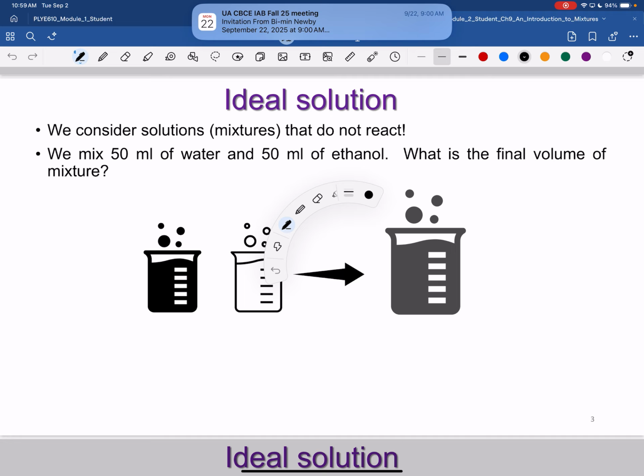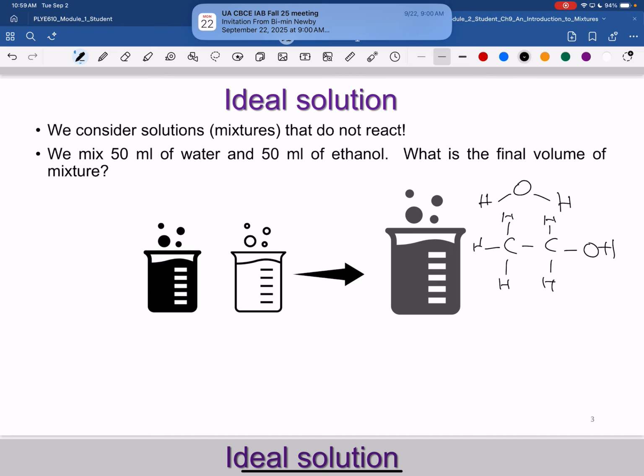So this is water, and ethanol is something like this. They can create hydrogen bonds with each other. Water can penetrate between the ethanol molecules so that they can pack really efficiently.